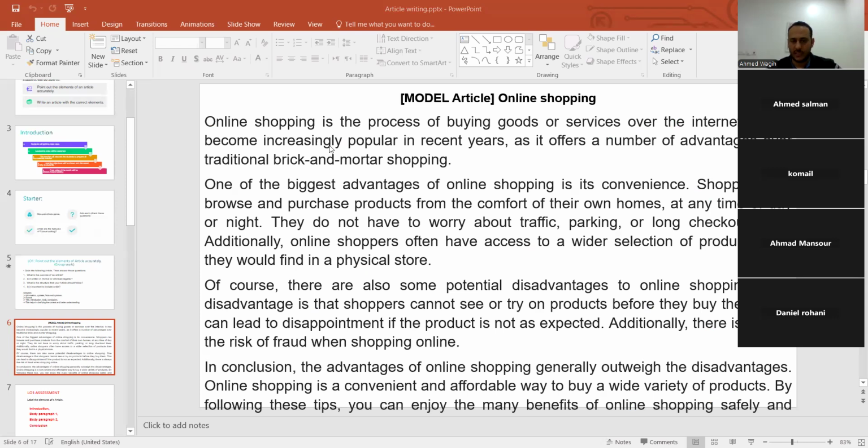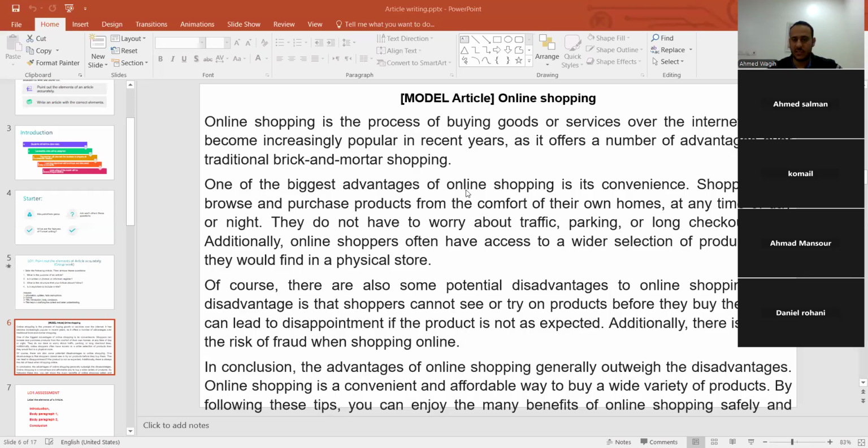It has become increasingly popular in recent years as it offers a number of advantages over traditional brick and mortar shopping. So here he's going to talk about the advantages of online shopping over the normal type of shopping that you go physically and buy.